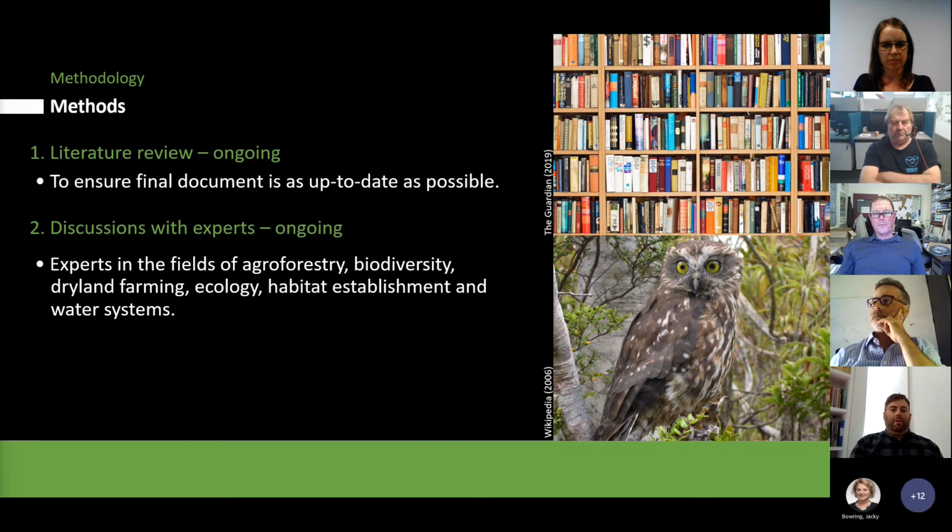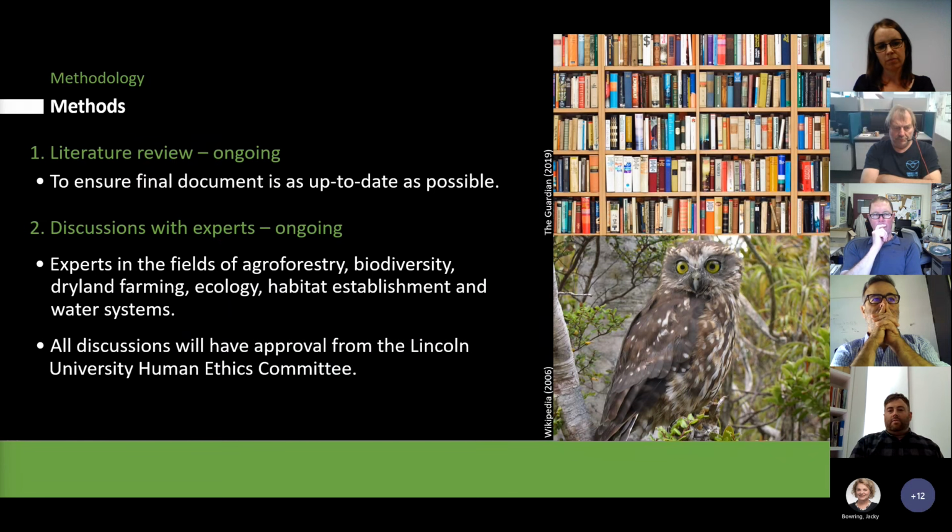The discussions will take place with people in the fields of agroforestry, biodiversity, dryland farming, ecology, habitat establishment, water systems, whatever is needed. Discussions will also have approval from the Lincoln University Human Ethics Committee.